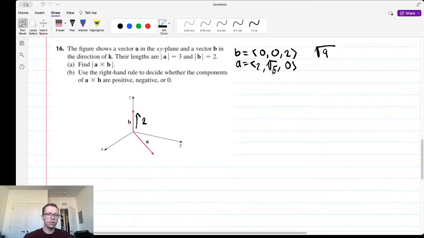Okay, and then we also need to define what the right-hand rule is. Calculus 3.